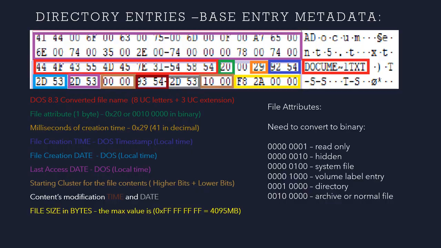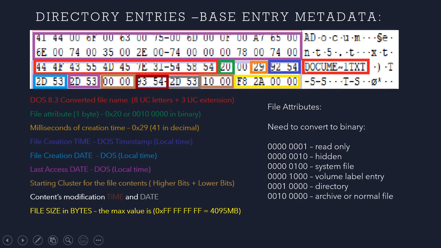Let's have a closer look at the base entry for the document file 5 txt file. If we look at it, we see that the first 11 bytes in the base entry are allocated to store the file name, which is uppercase DOCUMENT~1 txt. The last 3 bytes are used to store the extension of the file in uppercase.